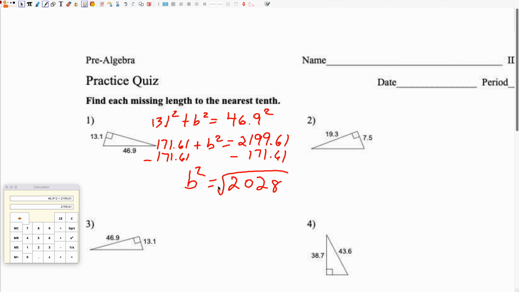Then square root. 2028 square root, and that comes out to 45. And it says round to the nearest tenth, so that would just be 45. We're gonna round to 45. That's a lot of steps. There's a couple of steps. 45, and they're not labeled with measurements, so just 45.